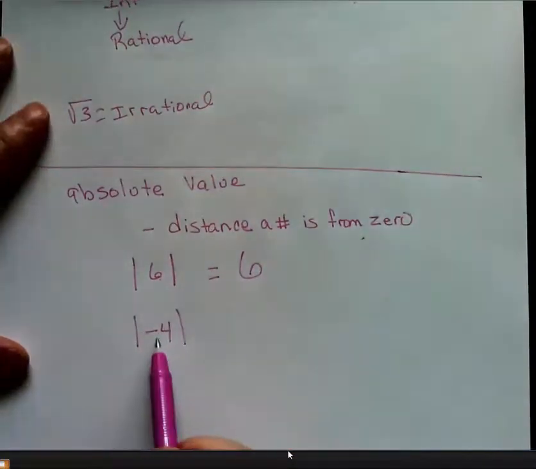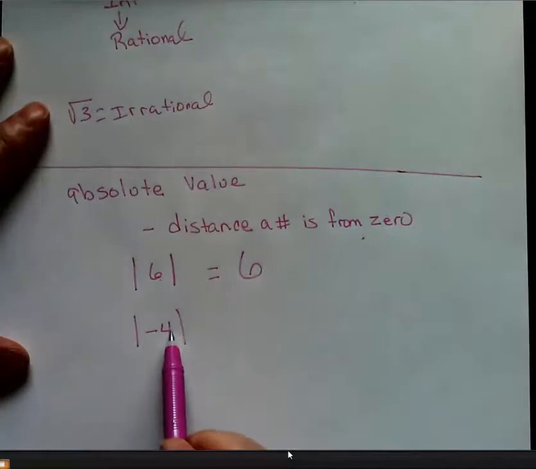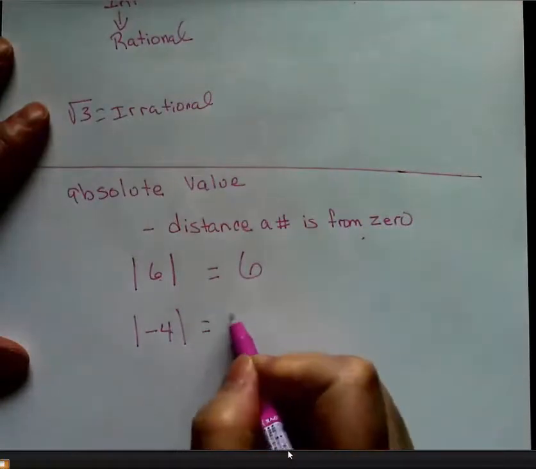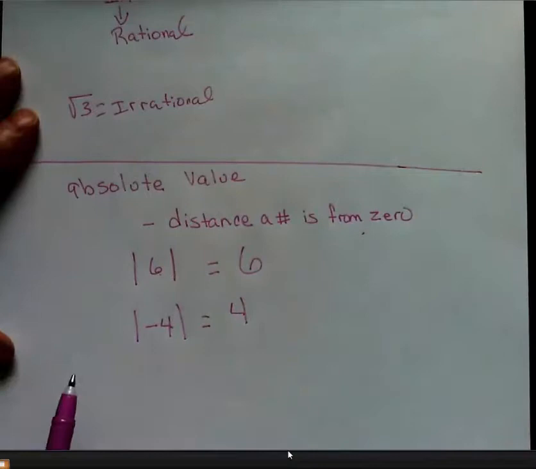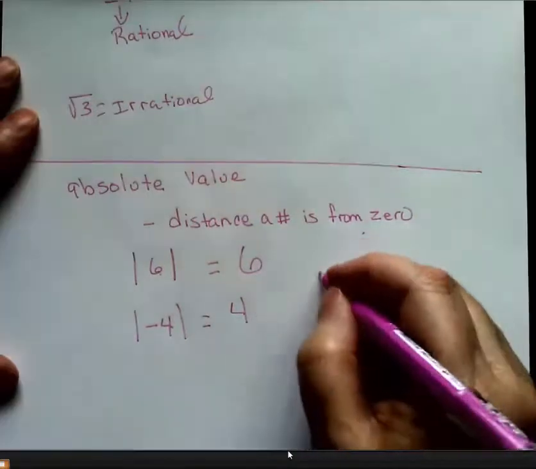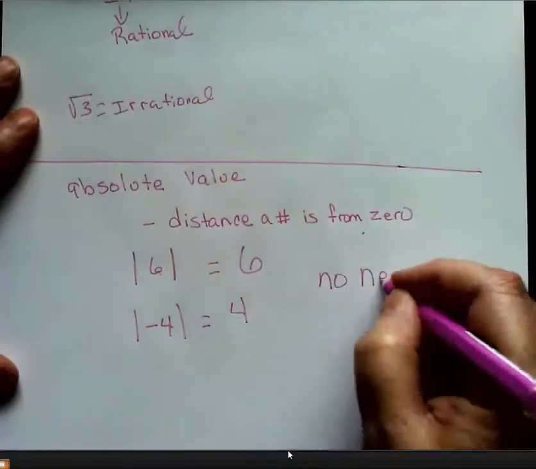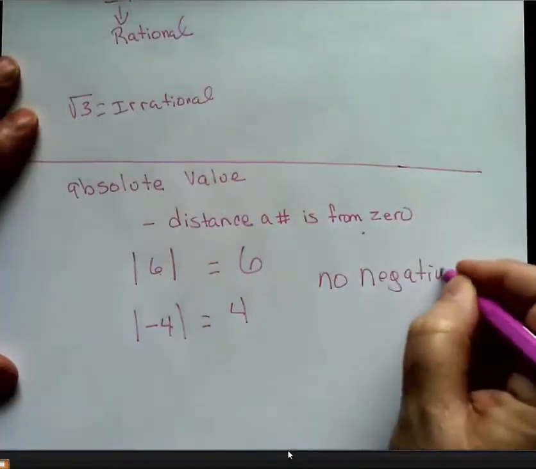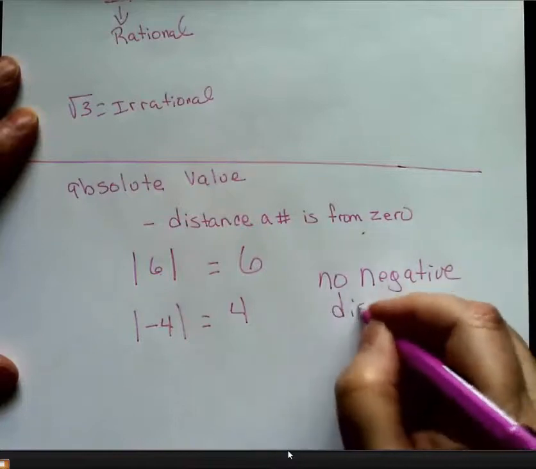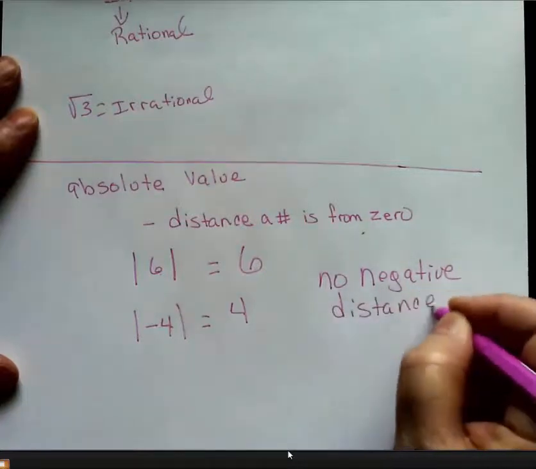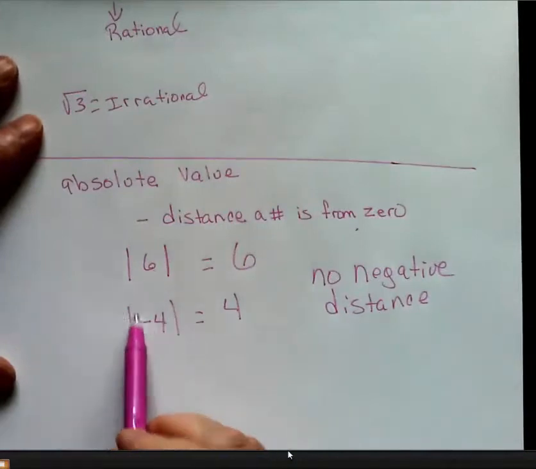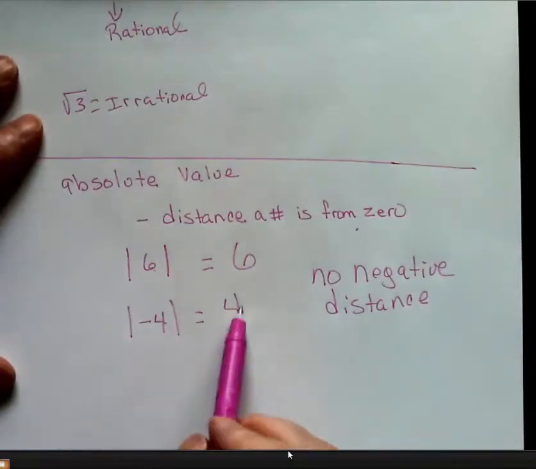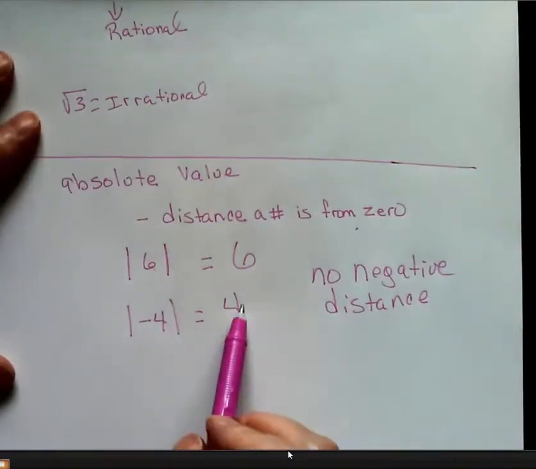How many spaces is negative 4 from 0? It's 4 spaces. Can you have a negative distance? No, you can't have a negative distance. So you can't have a negative absolute value. So if you have a negative inside of an absolute value, it always comes out as a positive.